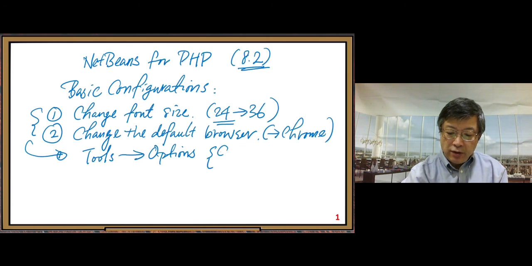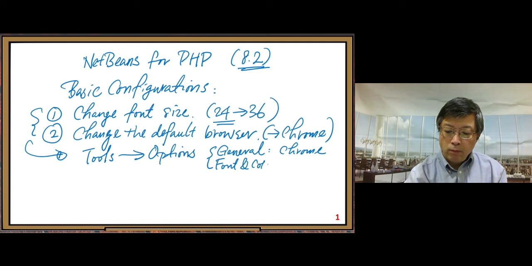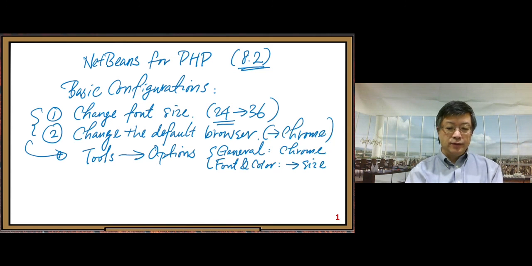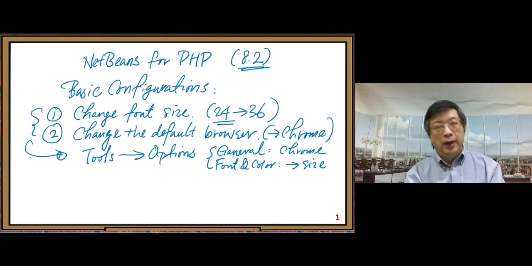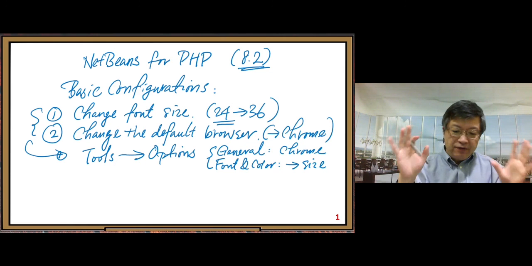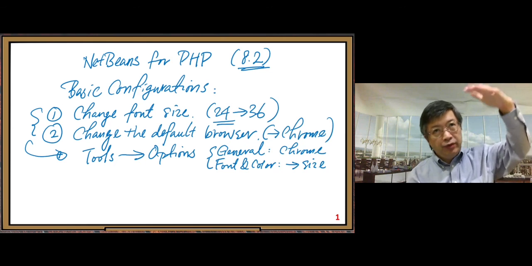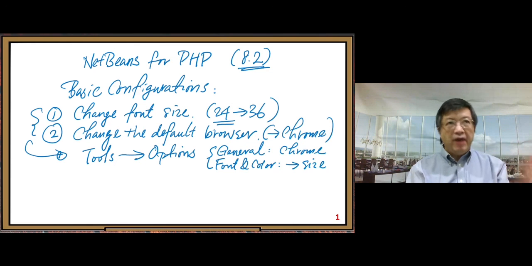At General, we can change the browser to Chrome. At Fonts and Colors, we can change the font size. That's pretty simple. All right. Then after that, we move to the project development.